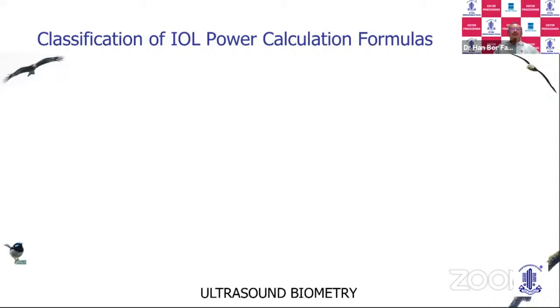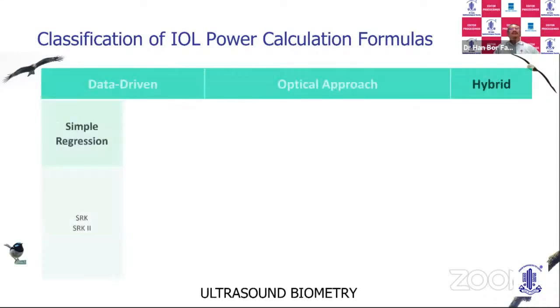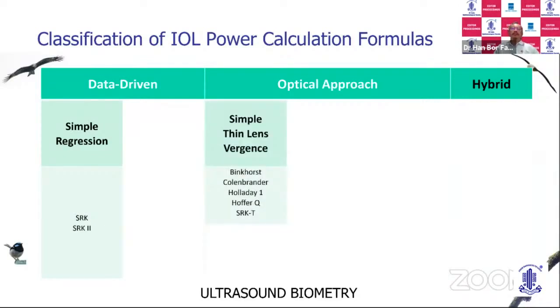Then along came ultrasound biometry, and at that time we had the simple regression, which is the SRK and SRK2. These are data-driven formulae. Then there are simple thin lens formulas such as the Binkhorst, the Holladay 1, the Hoffer Q, the SRK/T, and then the modified SRK/T such as T2, and so on and on.